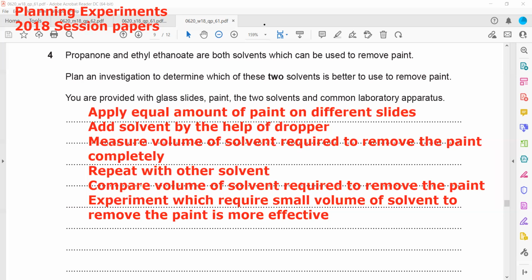That's how we work out which of the solvents, either propanol or ethyl ethanoate, is better to remove the paint. So these are the last questions, experiment questions from 2018 session.